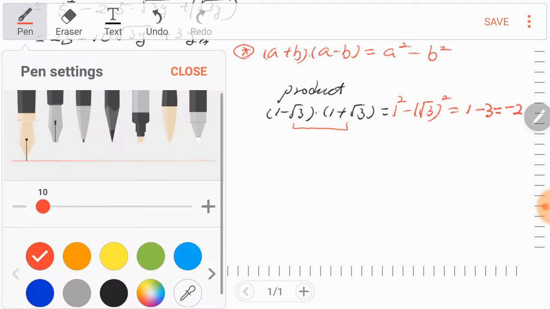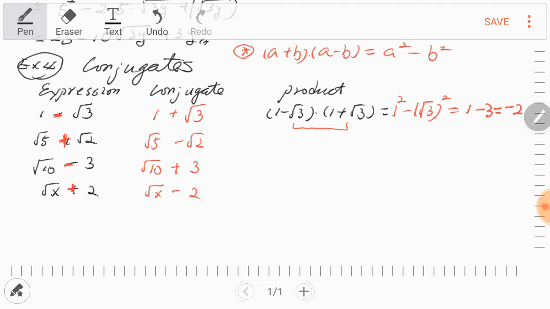Look at this: the original expression is a radical expression, but once we multiply this binomial radical expression by its conjugate, there is no radical. Okay, let's try the next one.